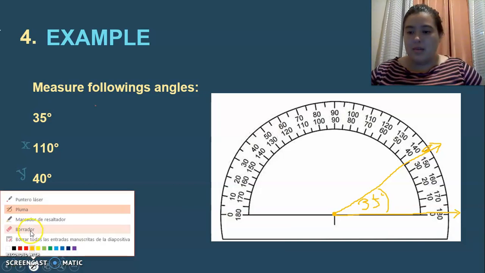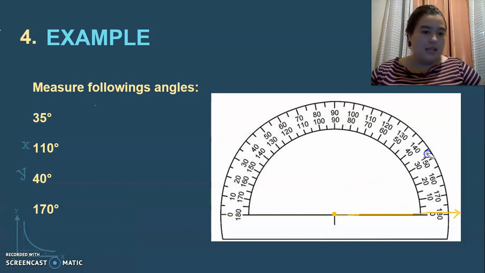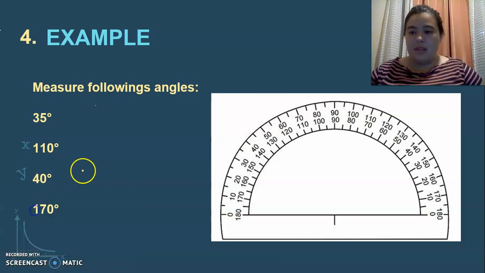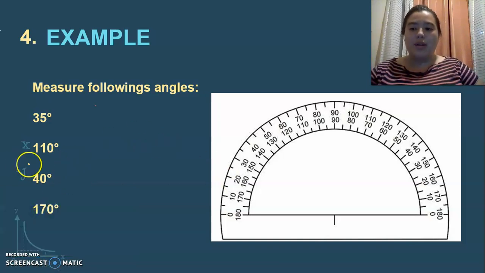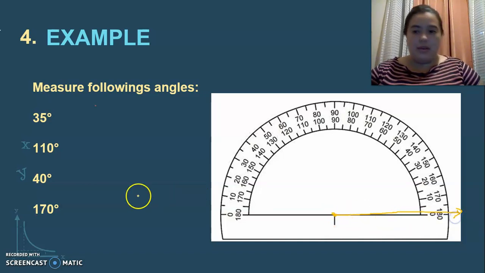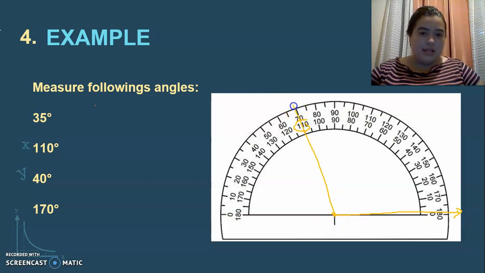The second one says 110. Again, our vertex, our first ray, and then 110. If you see, we have 110 here. So we are going to make our ray like this.